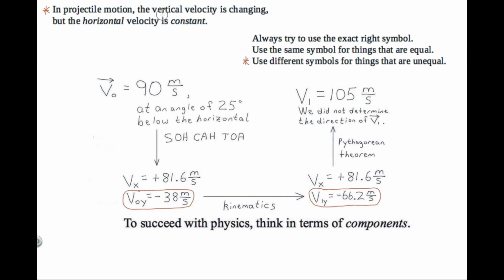In contrast, the vertical velocity is changing, so we had to use a kinematics equation to determine the vertical velocity at time 1. You should use different symbols for things that are unequal. So we used the symbol v sub 0y for the vertical velocity at time 0, and we used a different symbol, v sub 1y, for the vertical velocity at time 1.